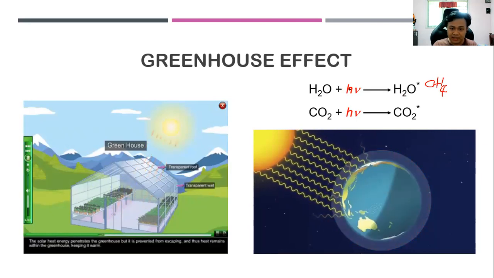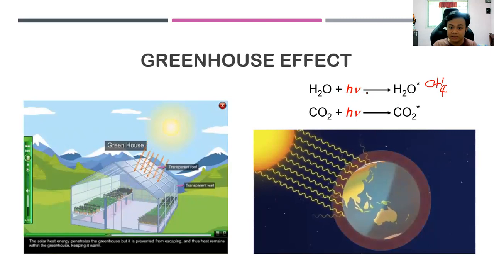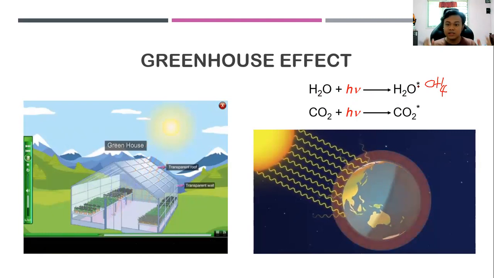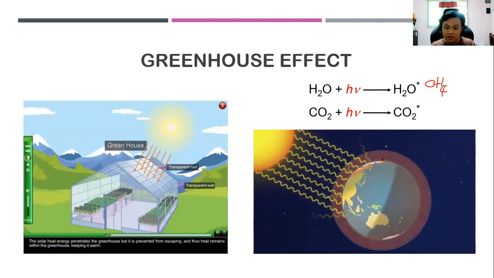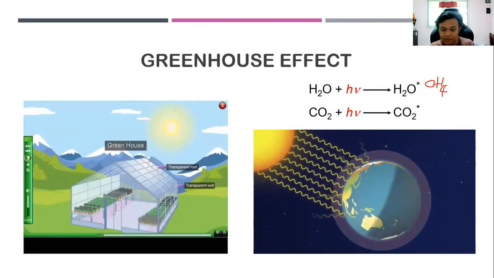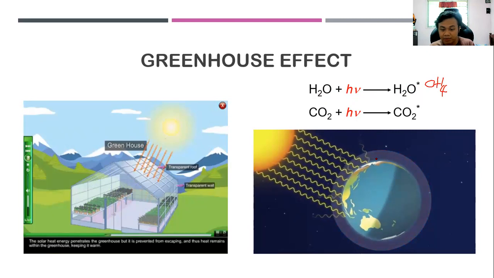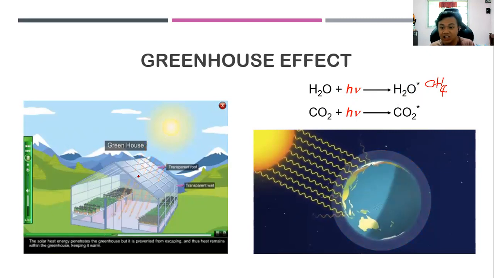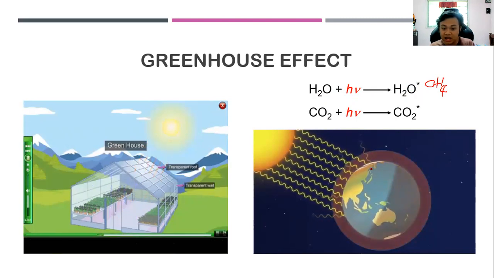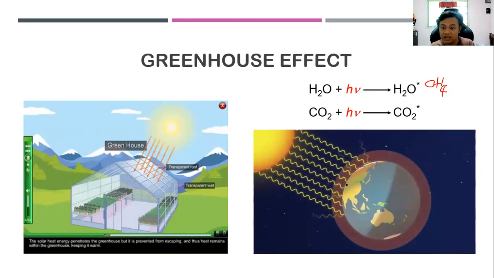If it is radiated by the sun, it becomes excited, so its energy is raised. And as it absorbs the energy, it heats up, and then it acts as a greenhouse, preventing the solar radiation from the sun from radiating back to the atmosphere.